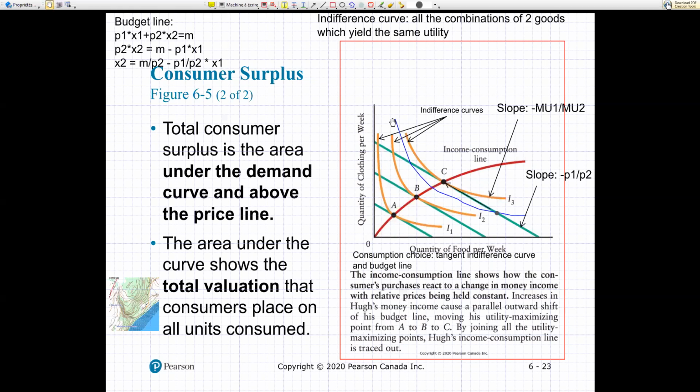So what does that mean? On the blue line, maybe my utility is, I don't know, 10, and on the orange line my utility may be 11, and here it might be 10, and here it might be 6. So that's what it means. The indifference curves tell me what I wish I could consume.